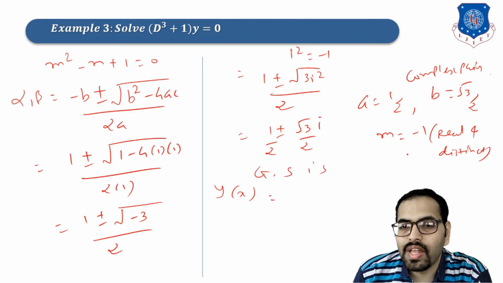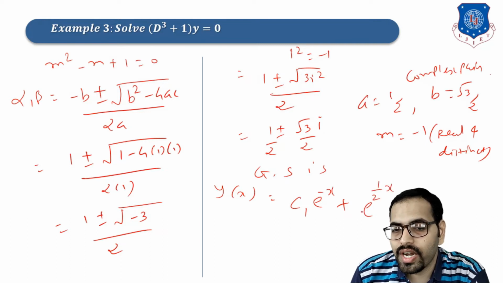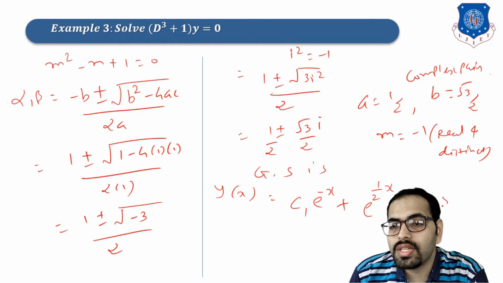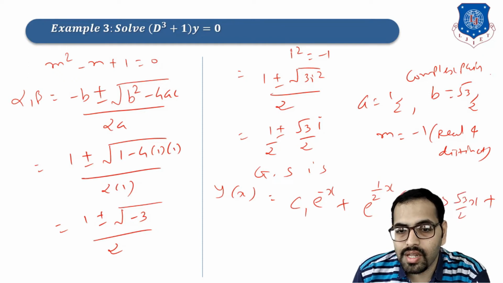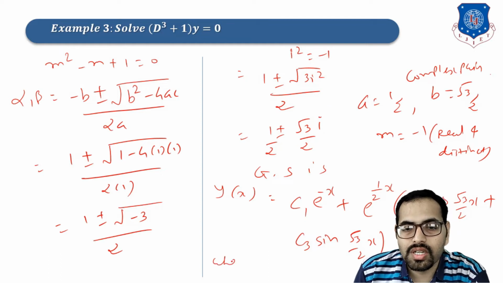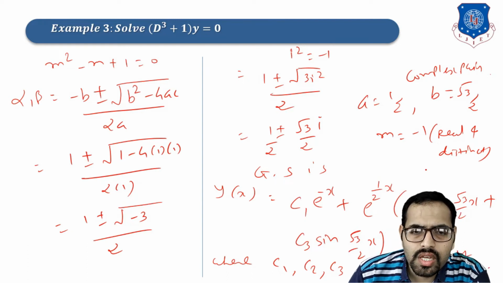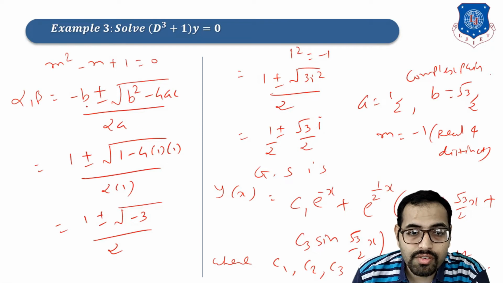We use case 1, which gives c1 e raised to m1x, plus we apply case 3, which gives e raised to ax, that is e raised to x by 2, times (c2 cos bx plus c3 sin bx), where c1, c2, c3 are arbitrary constants. Understood? In this example we used the Sridharacharya formula.